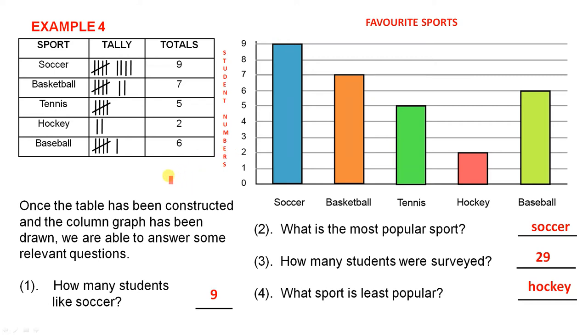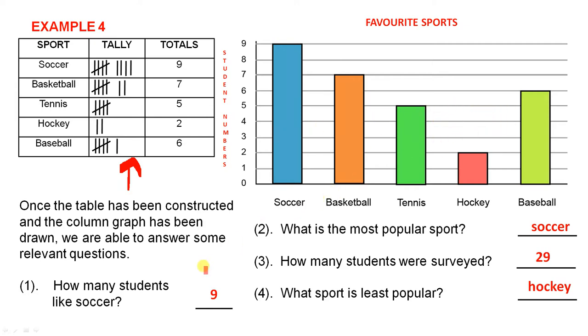So once the table has been constructed, like it has been here, and the column graph has been drawn, like it has been here, we are able to answer some relevant questions. Once the column graph is drawn very beautifully and accurately in this manner, it's quite easy to answer different questions relating to the column graph and to the particular sports.